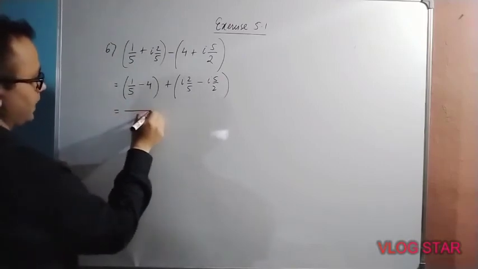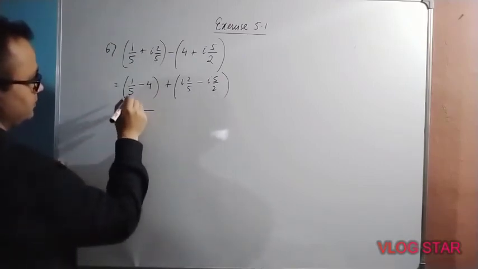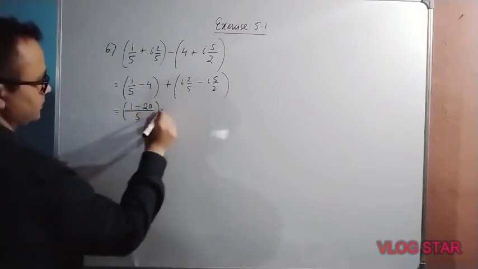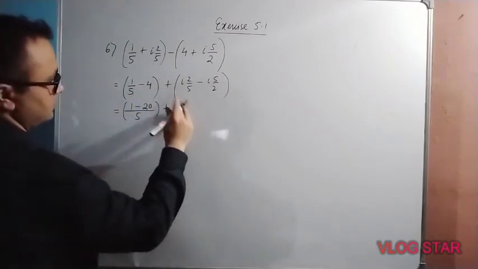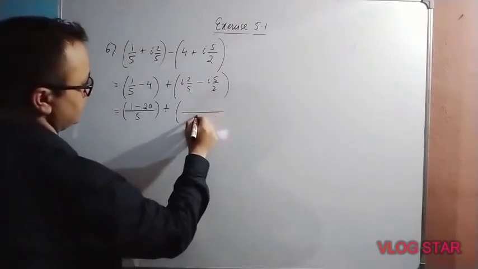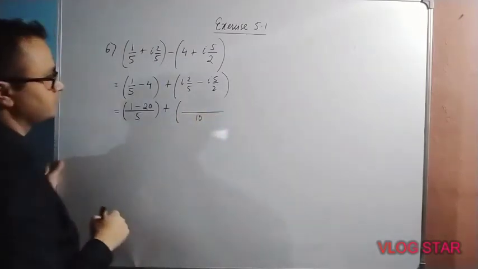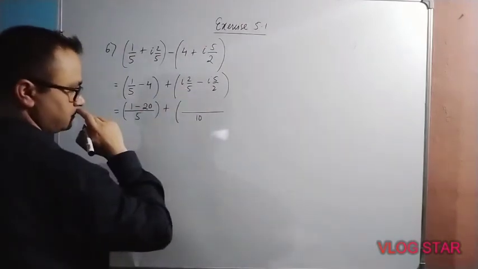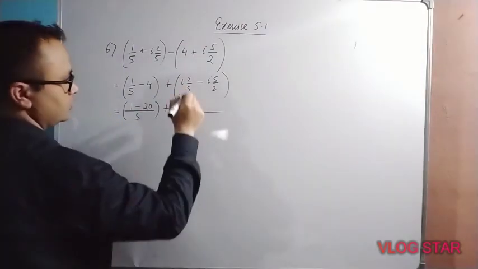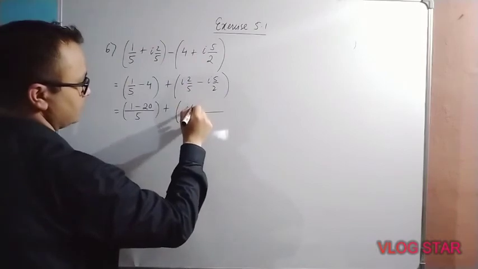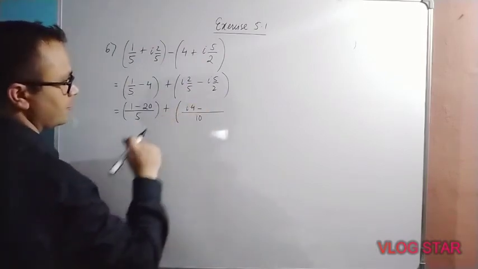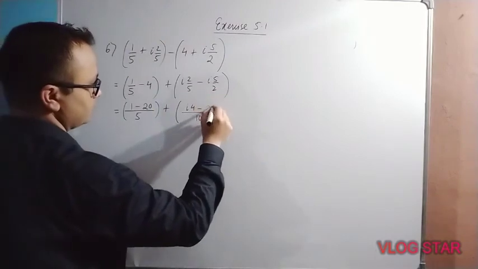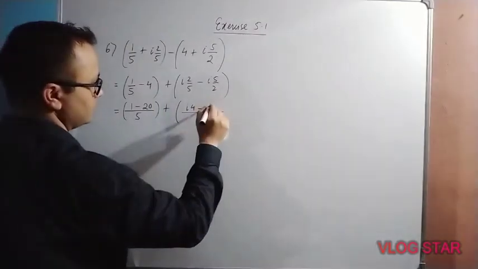Now take LCM, it is 5: 1 minus 5 into 4 is 20, plus, now take LCM, it is 10. 5 into how much is 10? 2, so 2 into 2 is 4i, minus 2 into 5 is 10, it is 25i.